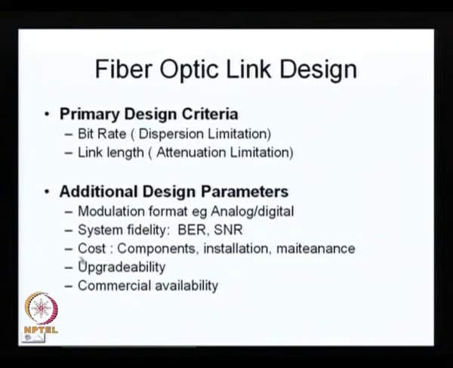Then we have considerations like cost, and the communication link has essentially three cost components. One is the cost of the various modules which are going to be used in the optical communication link. So, the cost of the transmitter, the cost of the fiber, and the cost of the receiver.